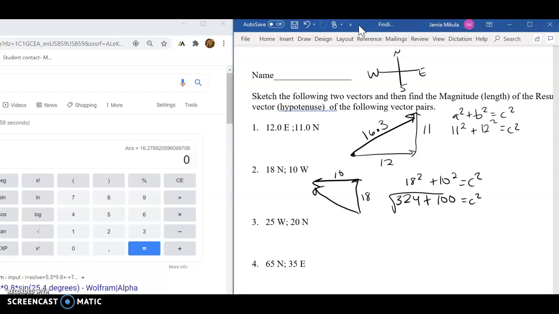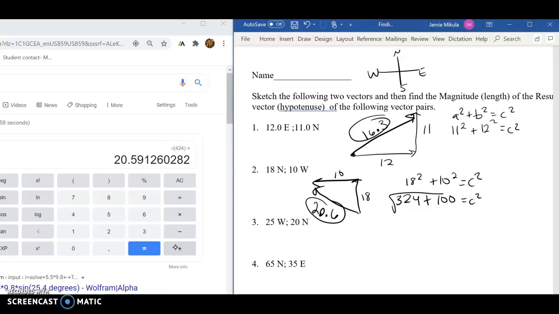After you add those and take the square root, so we're going to do the square root of 424, and you get 20.6.